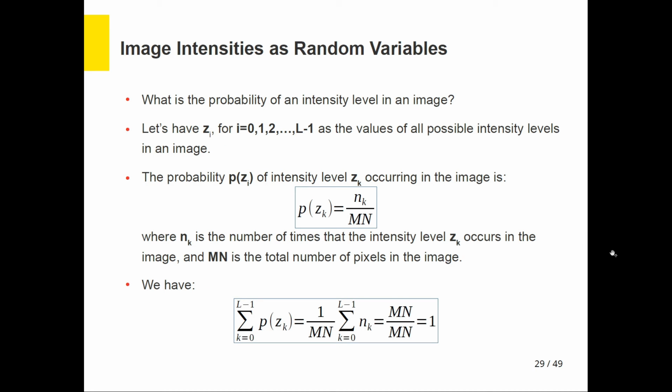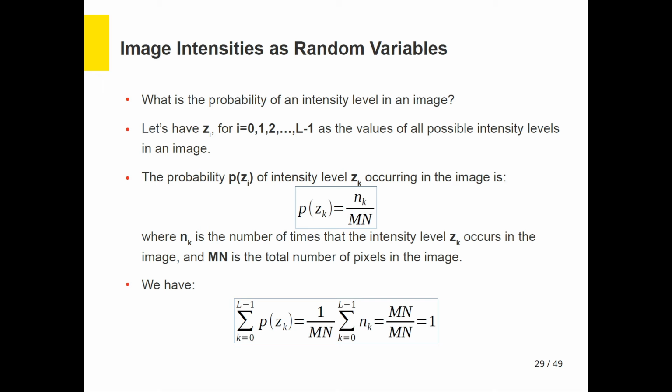One very useful way of representing images is as if we consider the intensity values as random variables. So if we consider that, we can define properties of any intensity level in the image. So let's have z_i for i from 0 to L minus 1, basically for i in the range of all possible intensity values of an image.